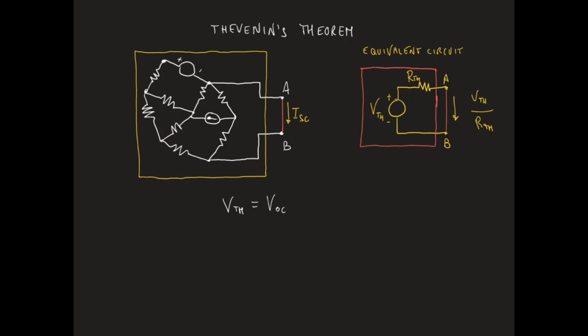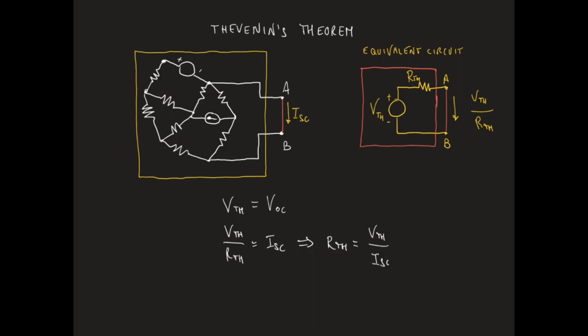Since the two networks are equivalent, we can write that VTH over RTH, the short circuit current in the equivalent circuit, is equal to ISC, the short circuit current in the starting circuit. From this equation, we get that the Thevenin resistance is given by the Thevenin voltage divided by the short circuit current in the starting circuit.